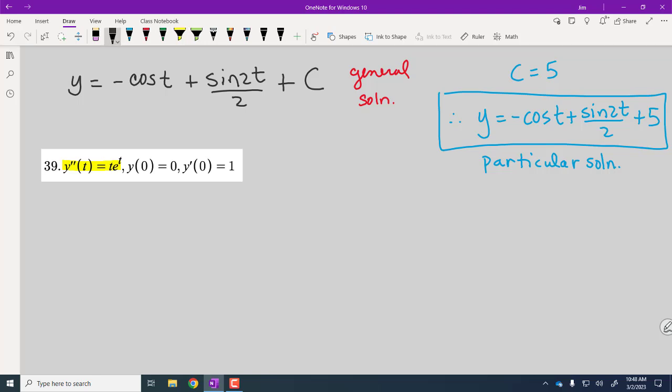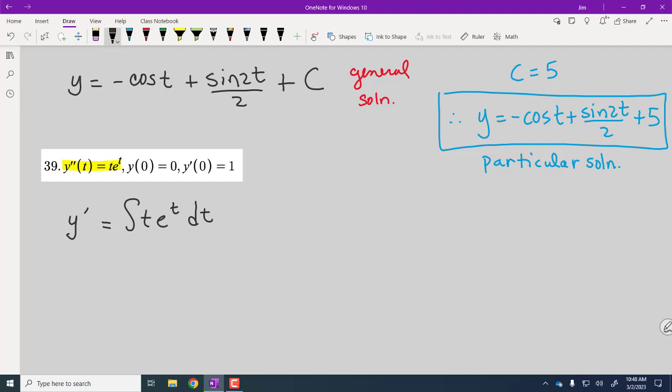All right, so we integrate both sides. The integral of y double prime is y prime. That's going to be the integral of t e to the t dt. That integrand is a product, so what technique of integration makes the most sense? Parts.